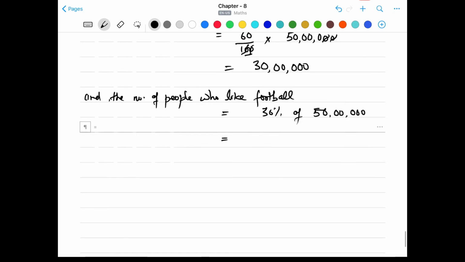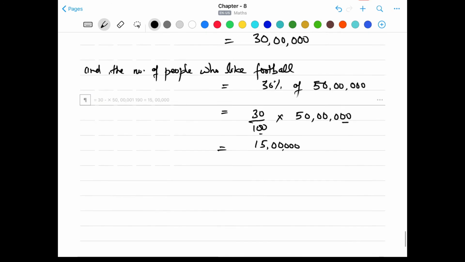So when you solve this, 30% will be changed to 30 by 100. This 'of' means multiplication, 50 lakh, and when you solve this again, you will get 15 lakh people who like football. The zeros will cancel, and this 30 into this 50,000 will be 15 lakh.